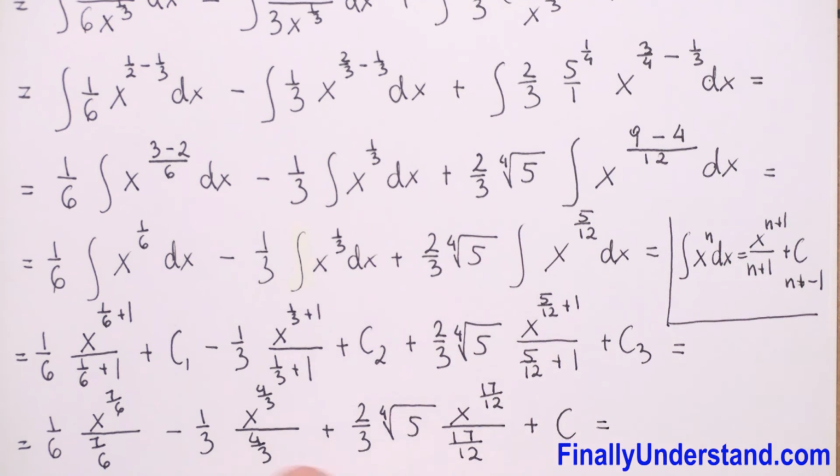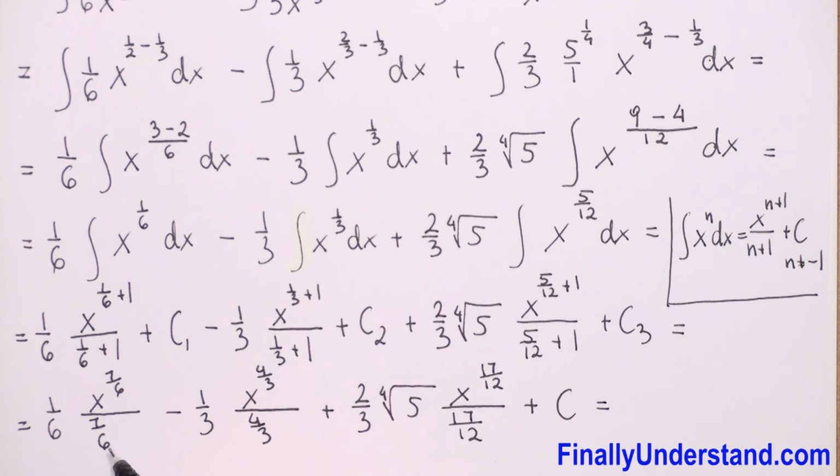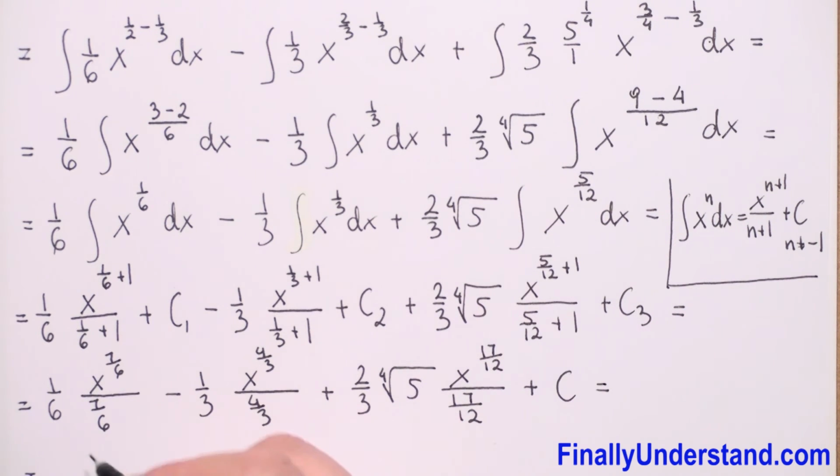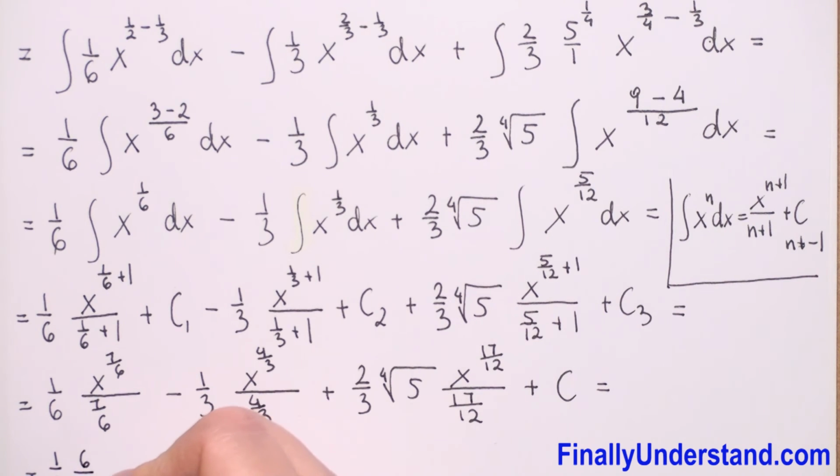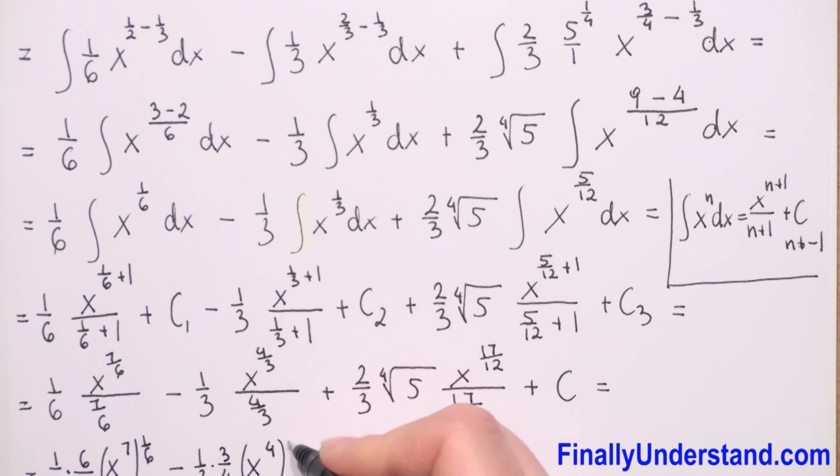So this is equal. Now, because we have division, we can flip the fractions, so it will be 1/6 times 6/7 times x to the power 7/6, so we can put the power 7 and the root 6, minus, we have 1/3 times 3 over 4 times x to the power 4/3.